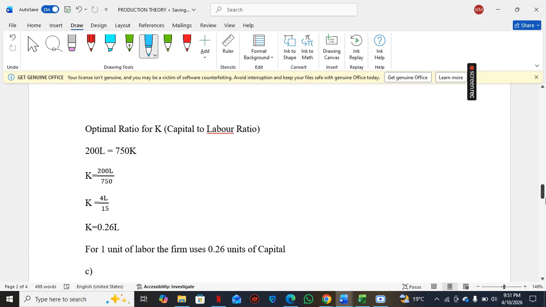Okay, where we said K equals 0.26L. So what this is saying is if you bring in 1 unit of labor, when you say L equals 1, you substitute it into this function here. So you're going to say K equals 0.26 times 1.